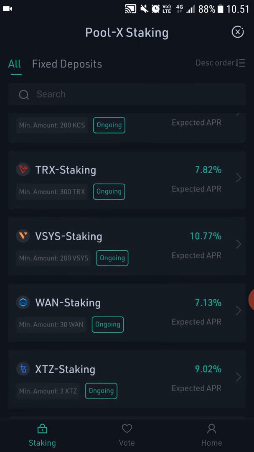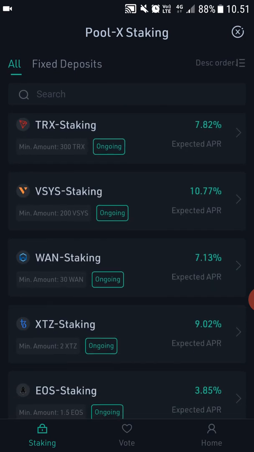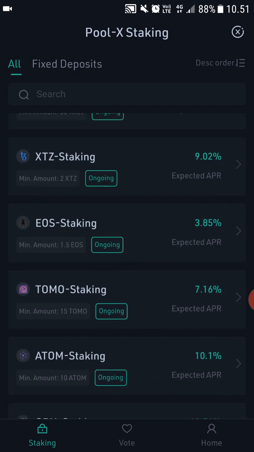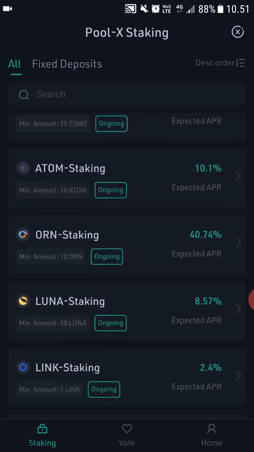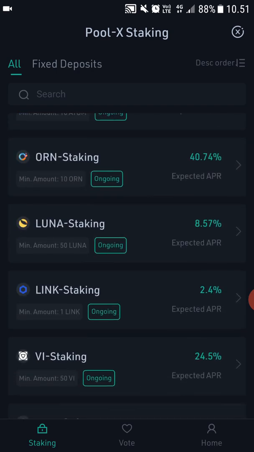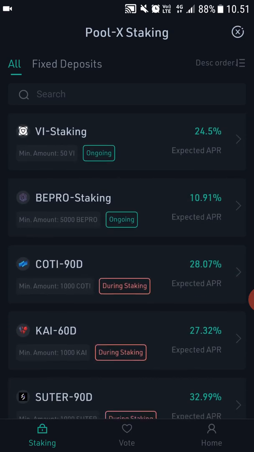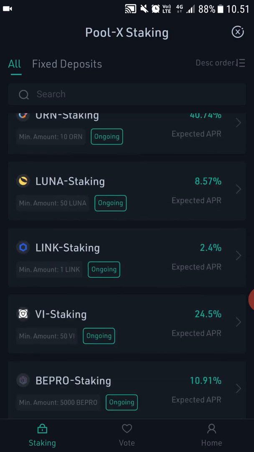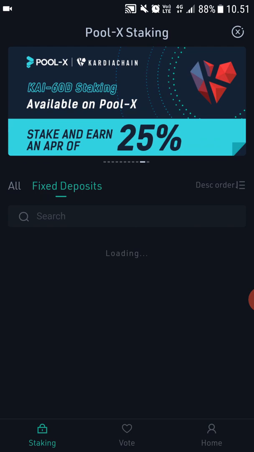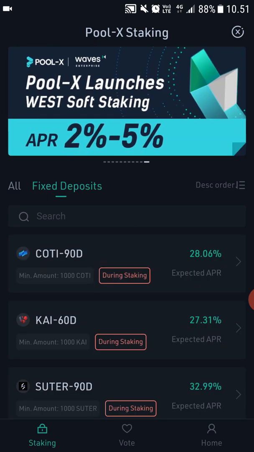And you can see KuCoin has a lot of different coins here: Tron, Visas, One Chain, Tezos, EOS, Tomo Chain, Cosmos Atom, Orn and Luna Link, a lot of these. You also have fixed depositions.